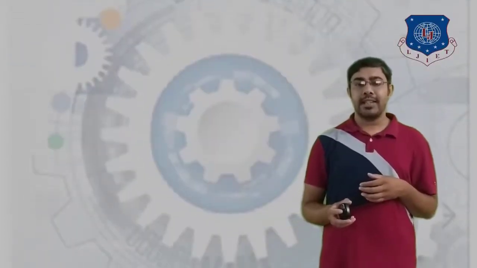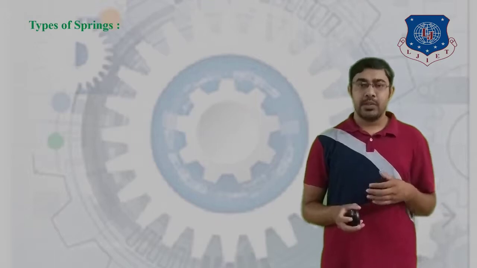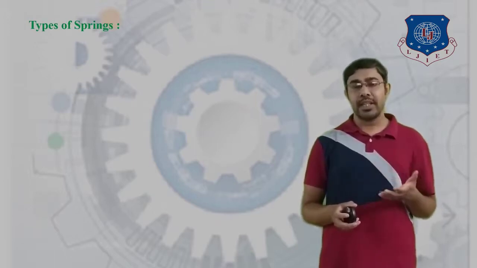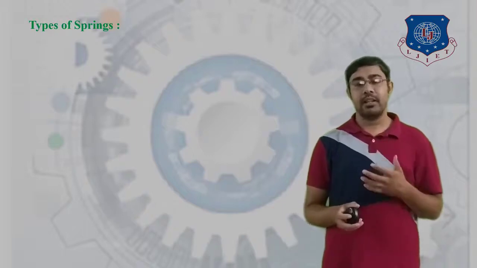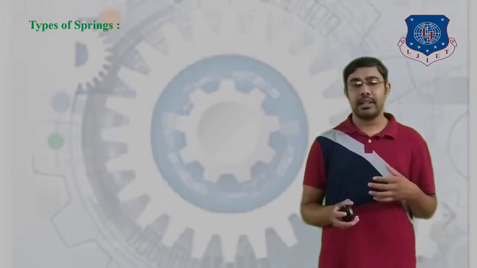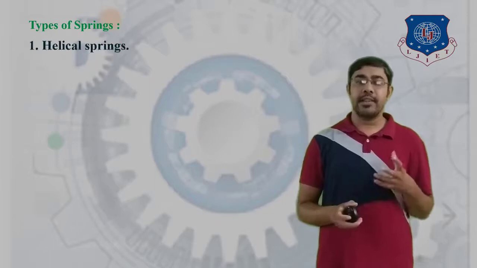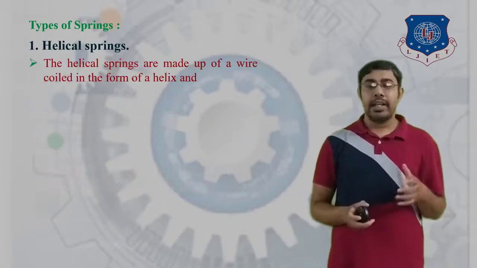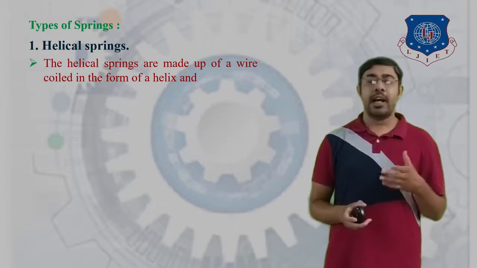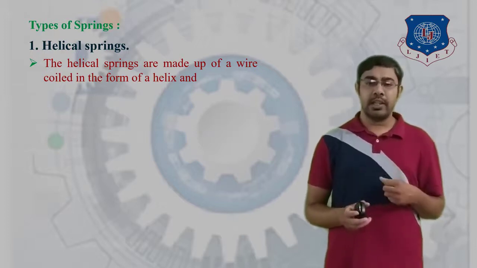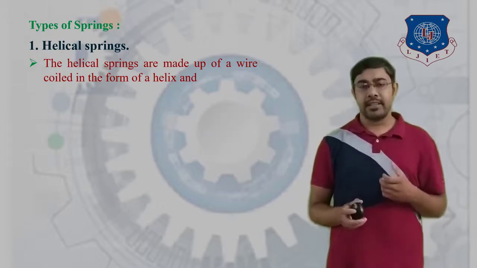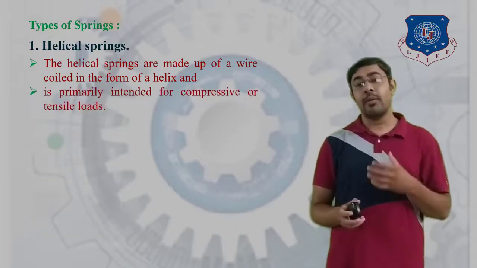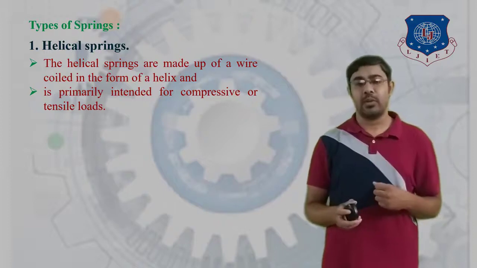So next is types of springs. Which type of spring is used in different applications, we learn in this chapter. The first spring type is the helical spring. Helical springs are made up of wire coiled in the form of a helix and are primarily intended for compressive and tensile loads.